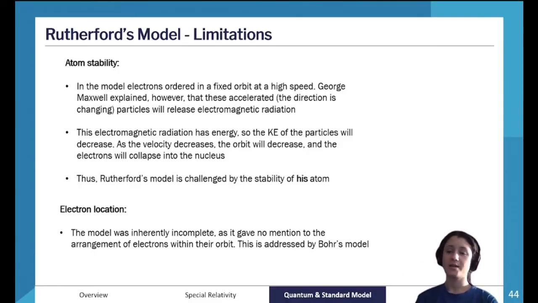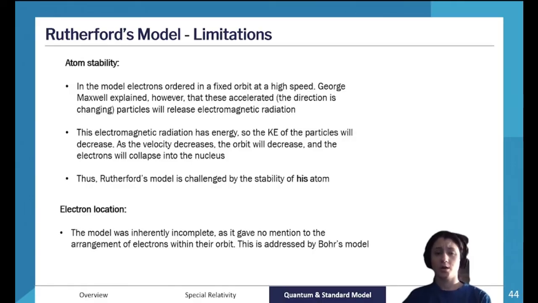And then because they have less energy, they're going to get closer and closer to the nucleus as they have less and less energy to overcome the attractive force between the nucleus and the electrons. And then the electrons will eventually collapse into the nucleus and the atom will not be stable. All right? So Rutherford's model really had issues with the stability. Because what we see in everyday life is not that atoms are super unstable, but Rutherford's model predicted that they were super unstable, all right?